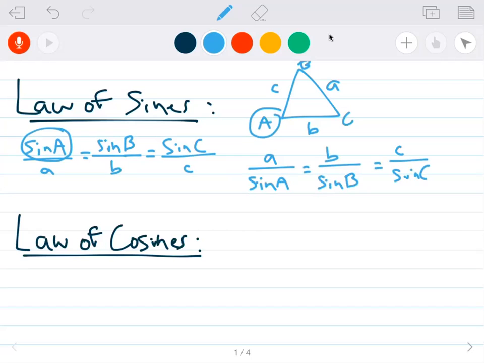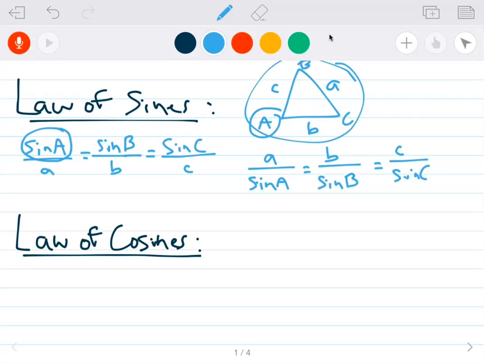And secondly, the law of cosines is referring to the same situation, with this triangle, only it's its own law. And when I say law, you know how you've got the quadratic formula? This is a type of formula, but the name of it says it's a law. So bear with me.